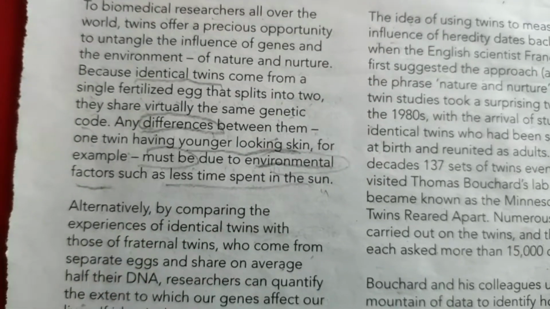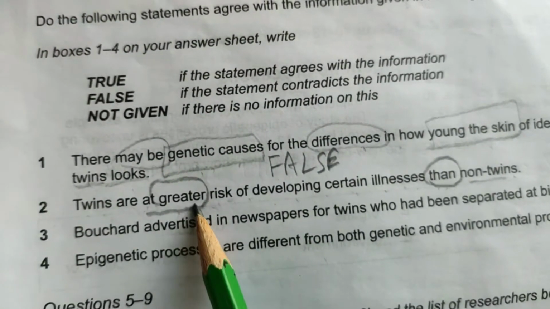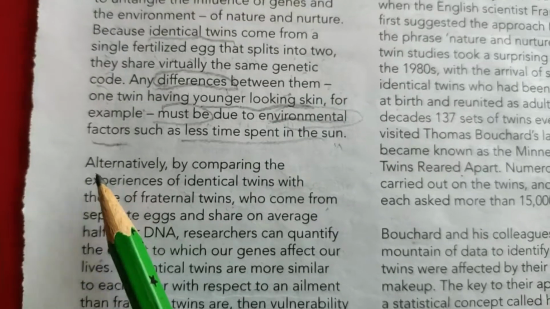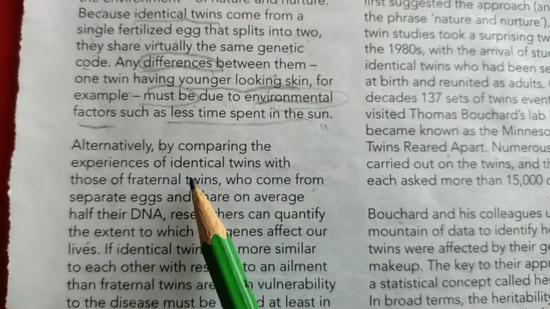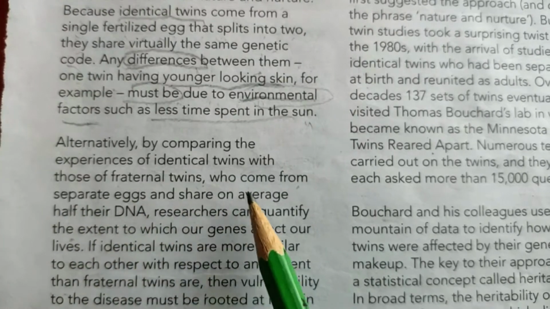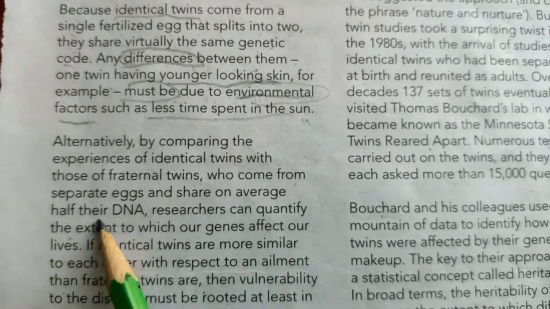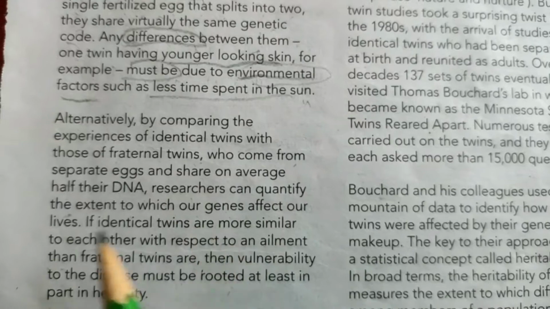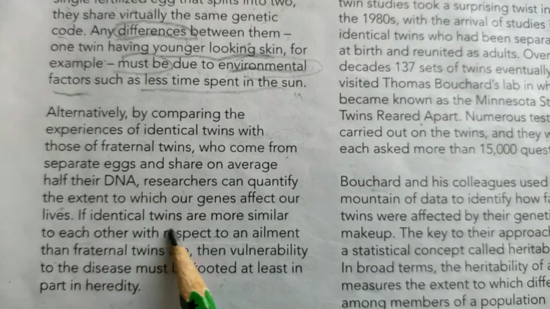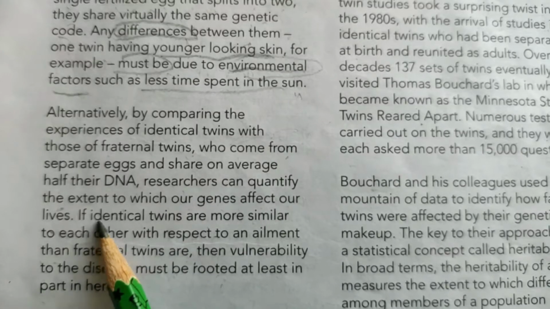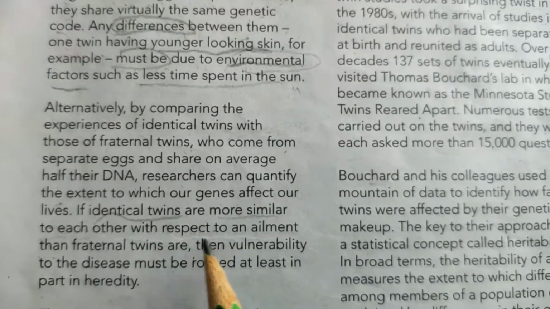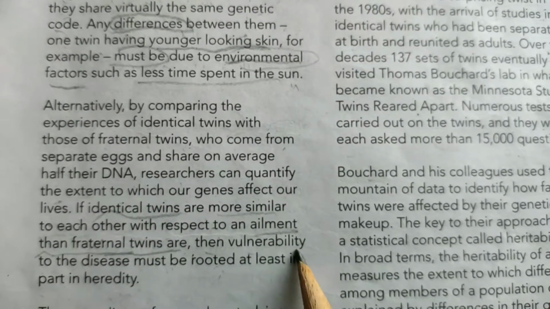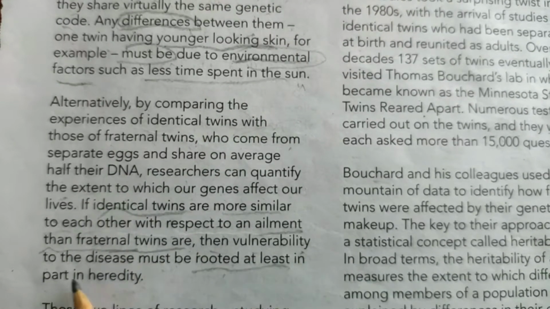Okay, now the question is, twins have greater risk of developing certain illnesses than non-twins. Now move on to the next paragraph. Alternatively, by comparing the experiences of identical twins with those of fraternal twins who come from separate eggs and share on average half their DNA, researchers can quantify the extent to which our genes affect our lives. If identical twins are more similar to each other with respect to an ailment than fraternal twins are, then vulnerability to the disease must be rooted at least in part in heredity.